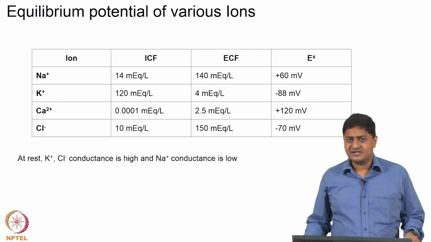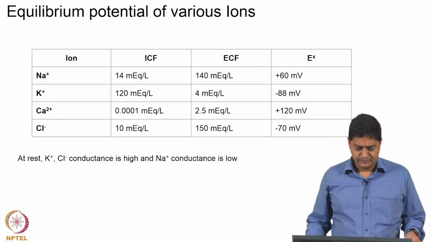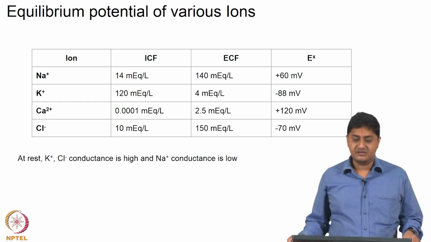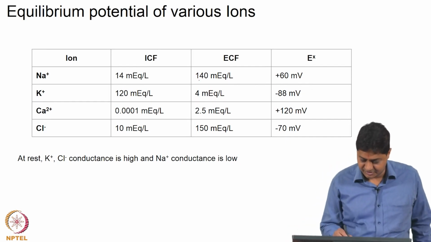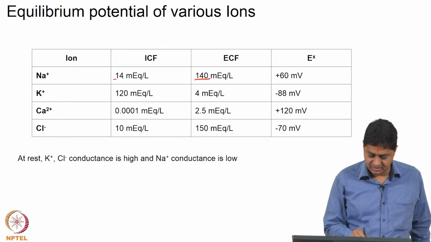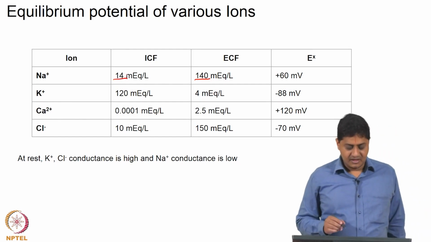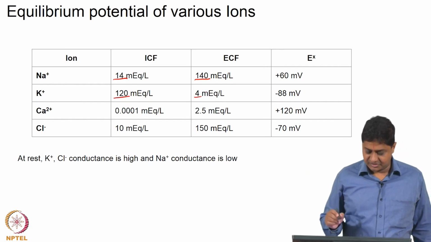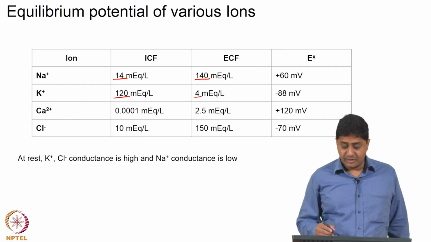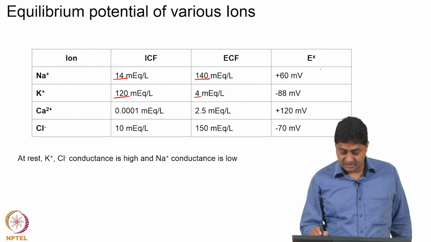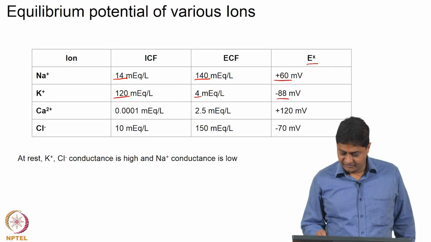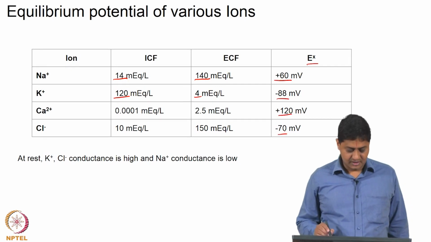In the previous classes we have seen that the sodium concentration inside and outside are very different. In other words, the sodium concentration outside is much higher than the concentration inside, and the potassium concentration inside is much higher than the concentration outside, and so on and so forth. And depending on that, we also said that the equilibrium potential, which is the Nernst potential, is different for these different ions, is it not?